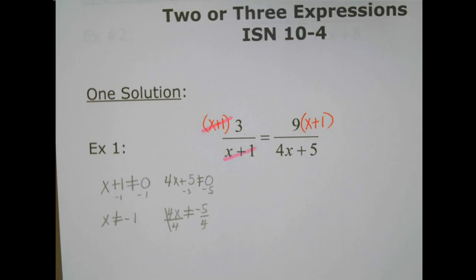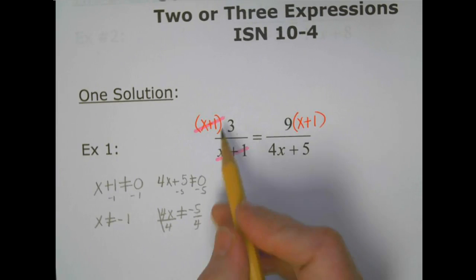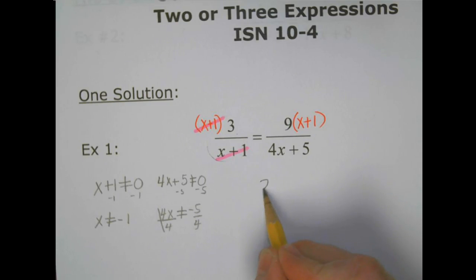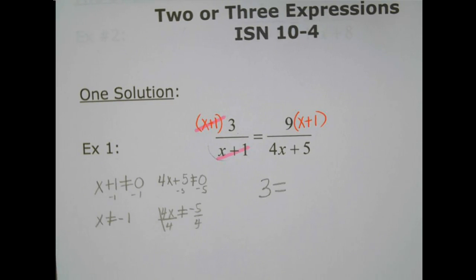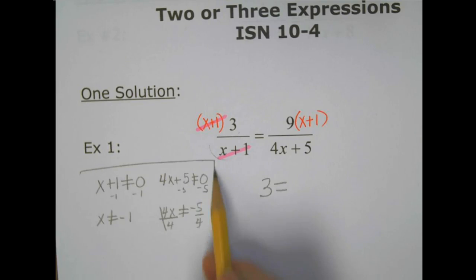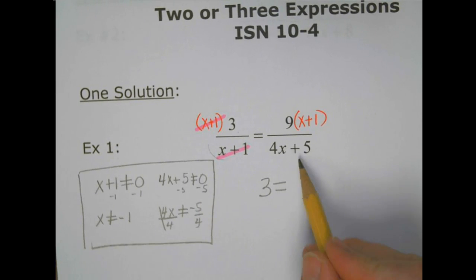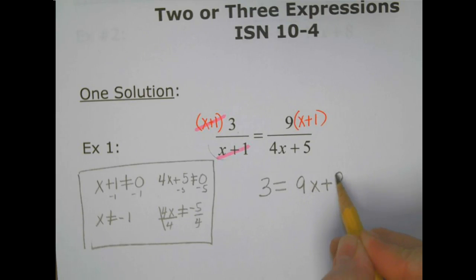Did you see those cancel right out? I don't have a denominator anymore. On this side of the equation, I just have the number 3. And over here, I have 9x plus 9.